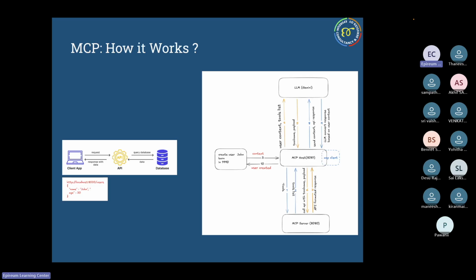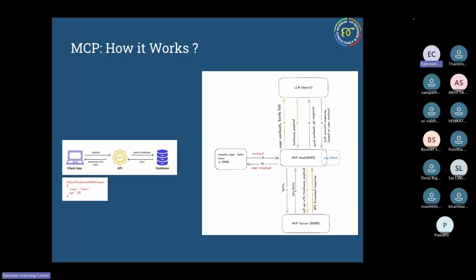On the right hand side, it's more MCP related. For example, a user wants to create a record, so what he sends is a context. That context contains, for example, create username, user John, born in 1990.